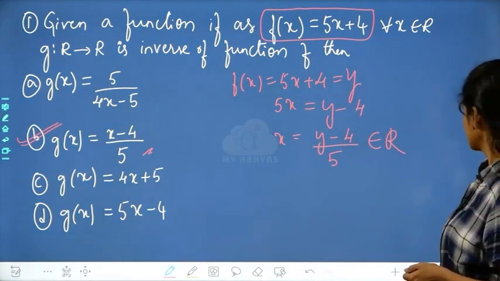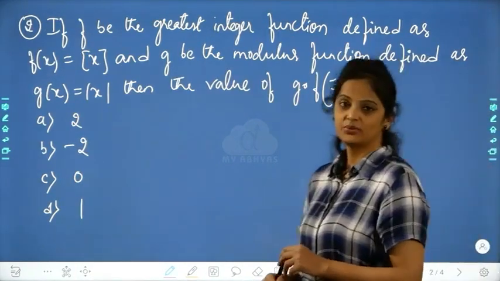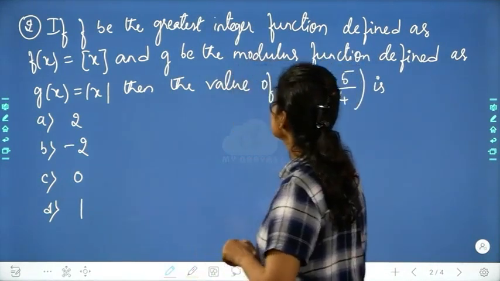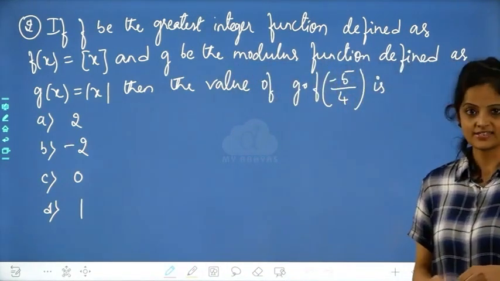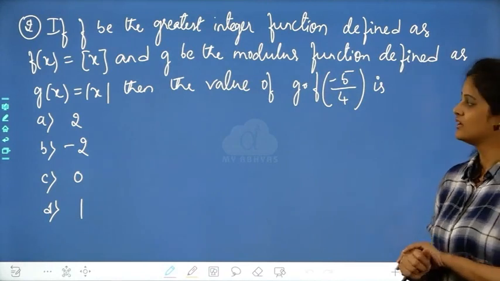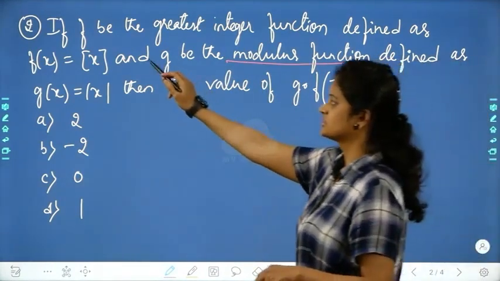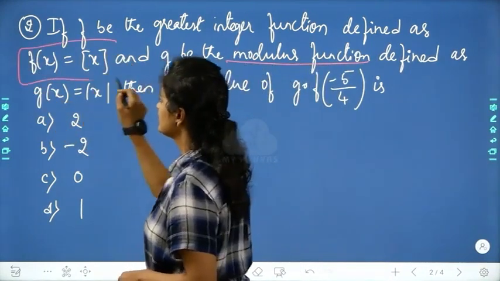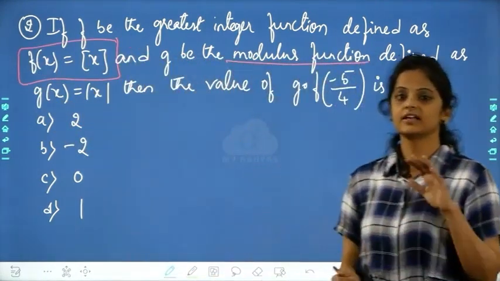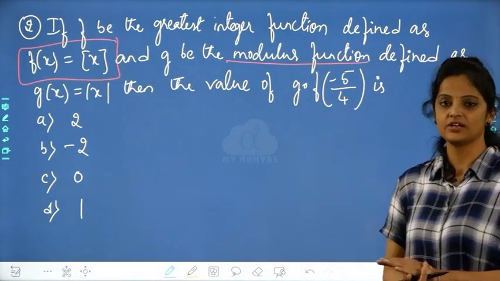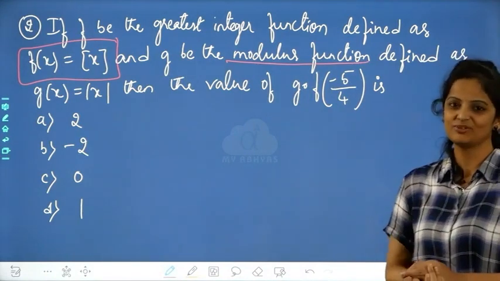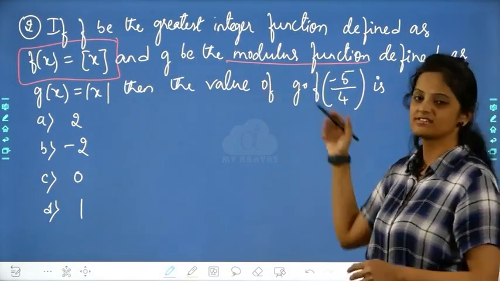Next question. Second one. Let f be the greatest integer function and g be the modulus function. Greatest integer function you have already studied in class 11th, and in relations and functions also I have explained how the greatest integer function works. And g of x is a mod function.